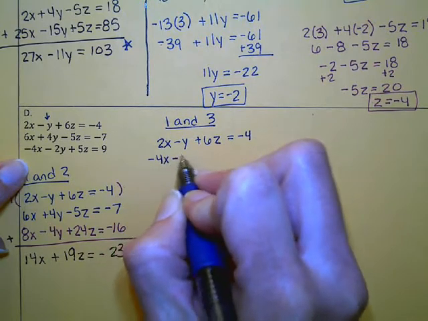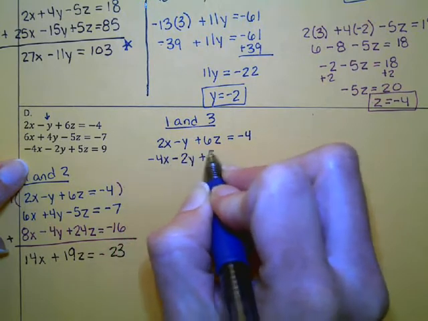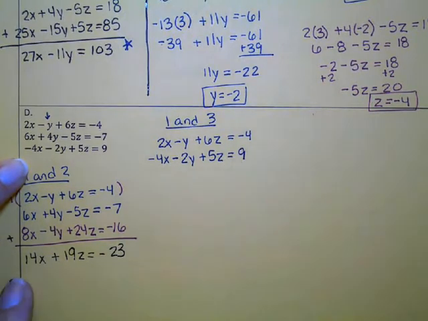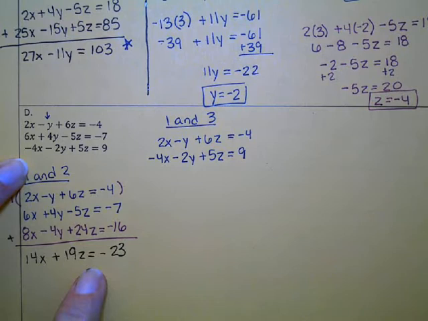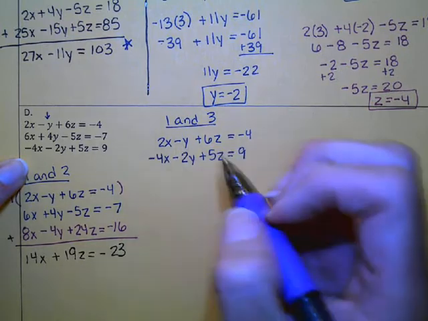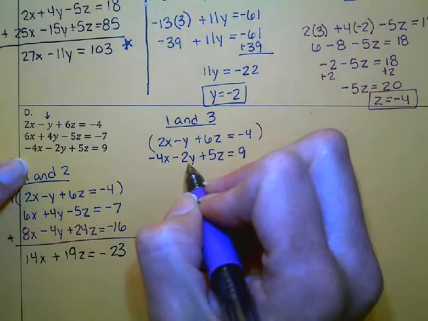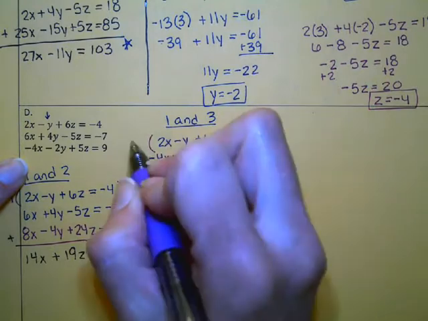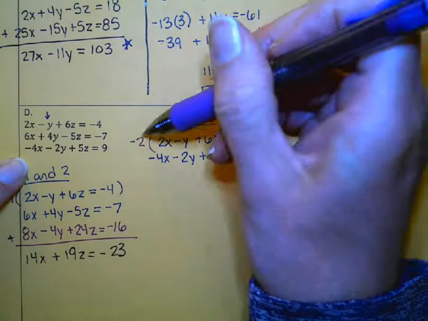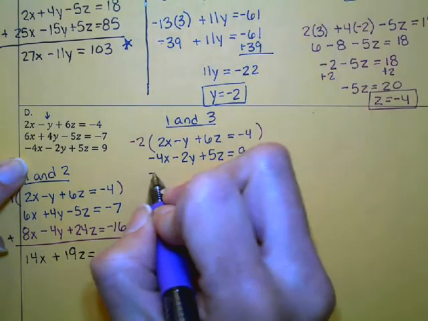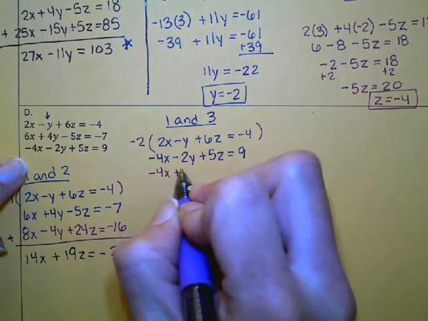So copying down number 1, copying down number 3. Like I said, the main thing is don't change the letter you're trying to eliminate. If you look here, there's no y, so I'm trying to eliminate the y. To eliminate the y, I need this one to come out to a positive 2. So I'm going to multiply this by negative 2, because a negative times a negative would make this become a positive.